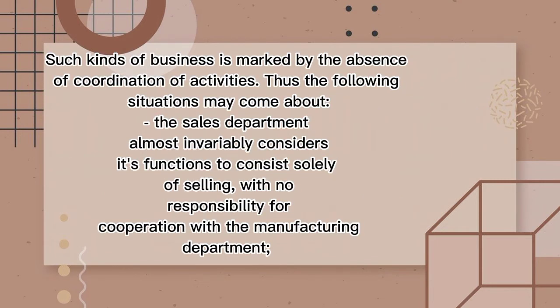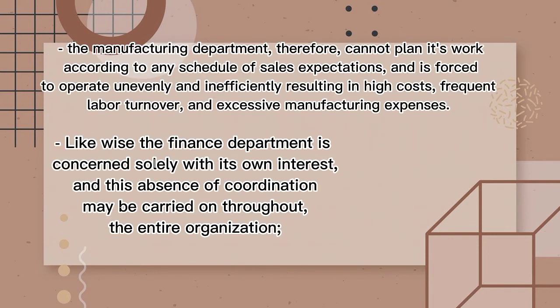Such kinds of business is marked by the absence of coordination of activities. Thus, the following situation may come about. The sales department almost invariably considers its functions to consist solely of selling, with no responsibility for cooperation with the manufacturing department. The manufacturing department, therefore, cannot plan its work according to any schedule of sales expectation, and it is forced to operate unevenly and inefficiently, resulting in high cost, frequent labor turnover, and excessive manufacturing expenses.